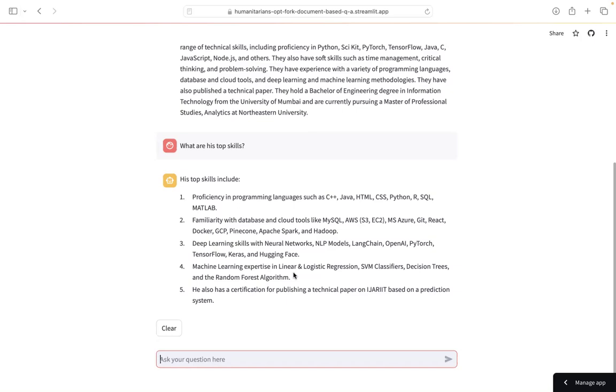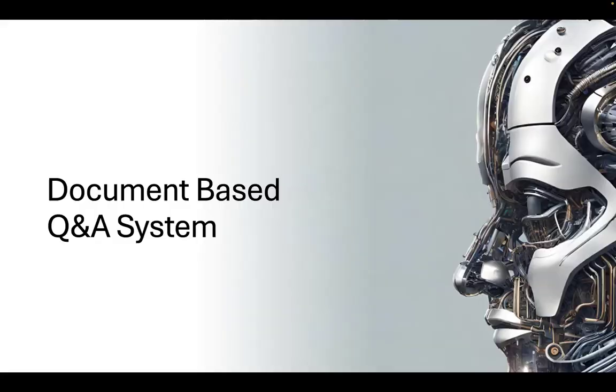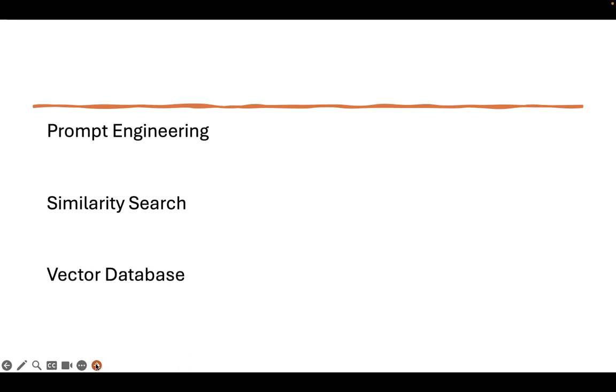All right, now that you have seen what our application looks like, let's roll up our sleeves and start building this from scratch. Before we dive into technical details, let's briefly discuss the key concepts we'll be working with: prompt engineering, similarity search, vector database. What is prompt engineering?